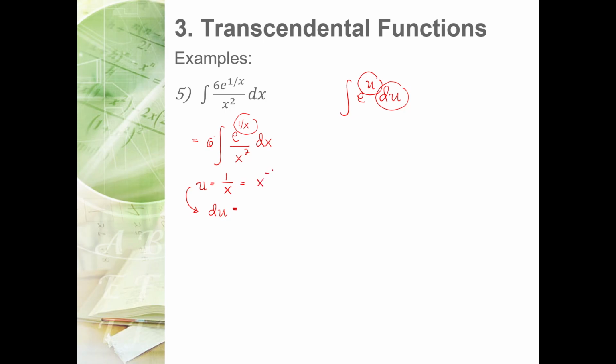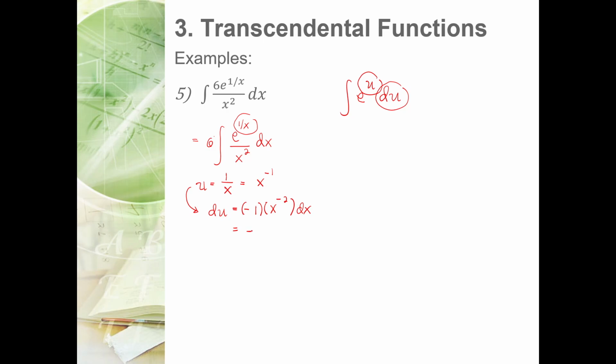So getting the derivative, du is equal to, so again, this can be declared as x to the power of negative 1. So this is negative 1 times x to the power of negative 2. Ba? n times x to the power of n minus 1. So bring down the exponent, then minus 1 from the exponent, so that's negative 1 x to the power of negative 2 dx.